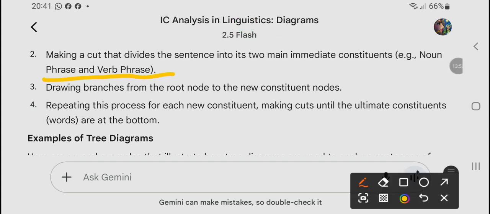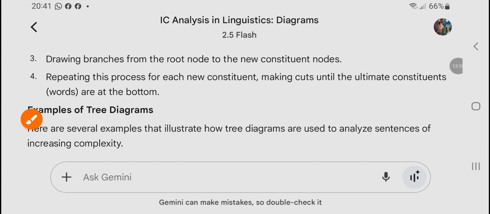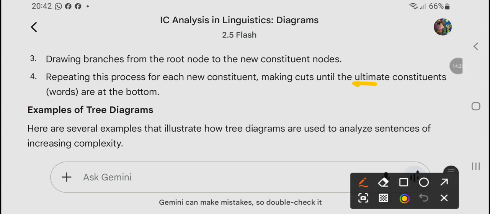Third step is drawing branches from the root node to the new constituent nodes. When you do, you will be able to understand. Then repeating this process for each new constituent, making cuts until the ultimate constituent words are at the bottom. Very important, we make cuts until there are words at the bottom.